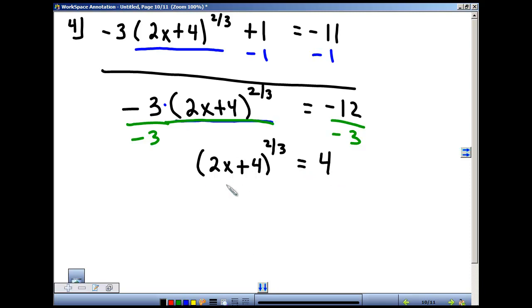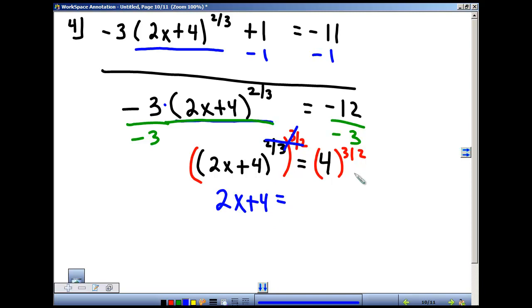Now the expression is isolated, and we can go to step 2, raise both sides to the reciprocal power. The reciprocal power will be 3/2. On the left side, that just leaves 2x plus 4.